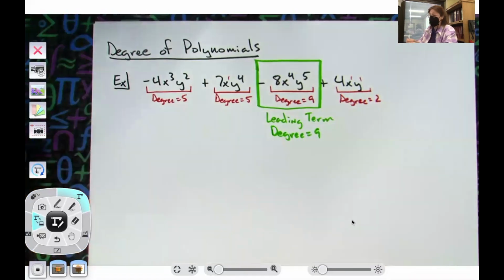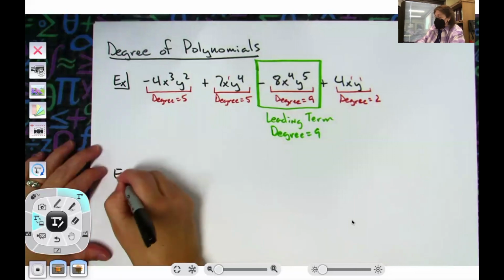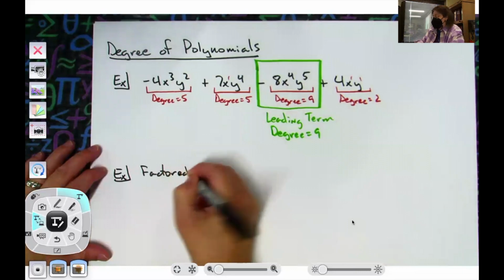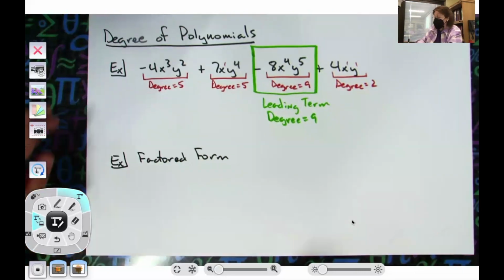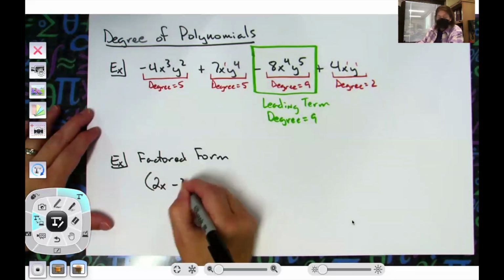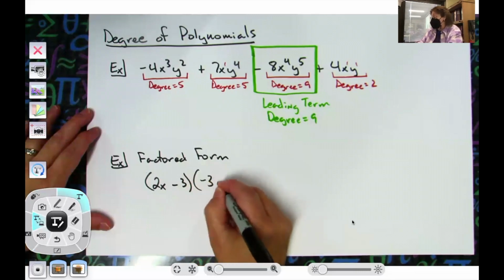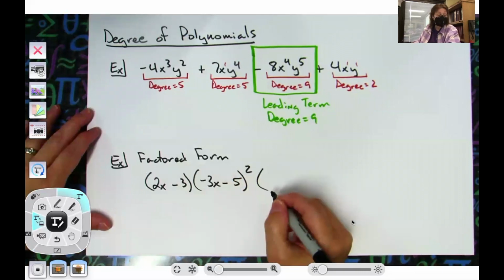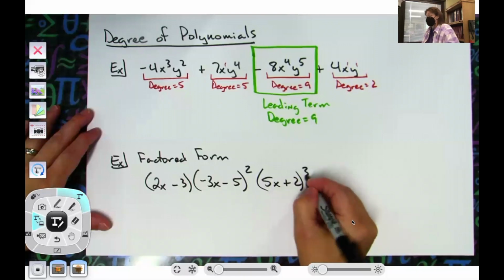All right, now let's take another polynomial in another form. Let's do a factored form. Okay, when a polynomial is in factored form, you're going to have maybe something like a 2x minus a 3, and then maybe times a -3x minus 5 to the second power, and then maybe a 5x plus 2 to the third power.